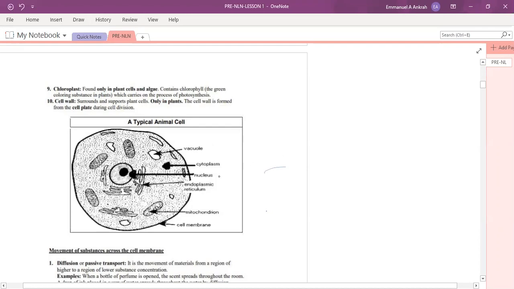All right, so the nucleus, once you mention the nucleus, remember DNA.